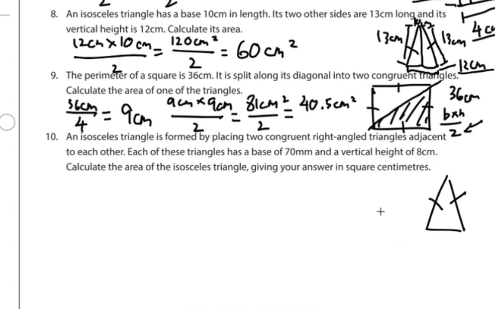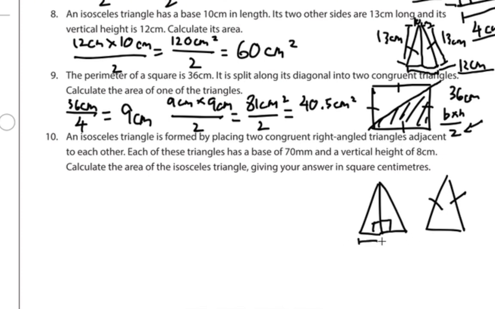And we know that a right-angled triangle is like this, with a right angle. So, the question is stating that two congruent right-angled triangles are adjacent to each other. So, the triangle should be like this. Because they are both congruent, their lengths are the same.